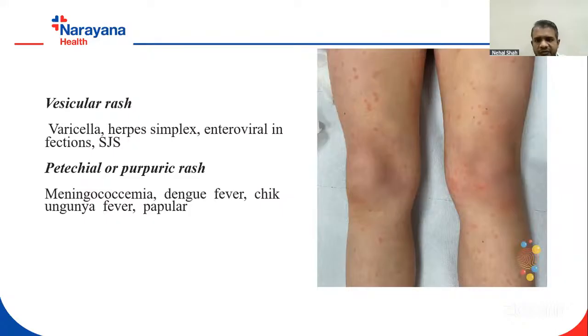Vesicular rash, which we commonly see with chickenpox, herpes, enteroviral infections, and sometimes even in Stevens-Johnson syndrome. And petechial or purpuric rash, which we see in meningococcemia, dengue fever, and chikungunya fever.